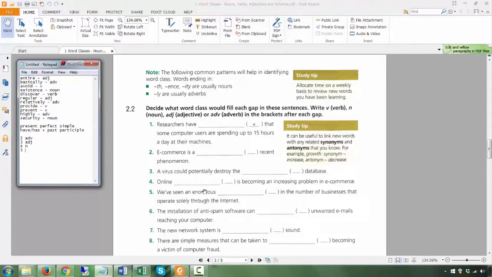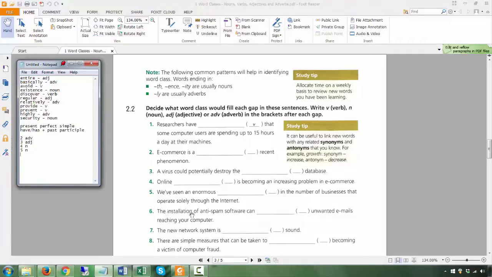It could be directly after, it could be two words after. Enormous is an adjective. This is where your noun is, because this is not a noun. This is enormous, whatever, noun, right?